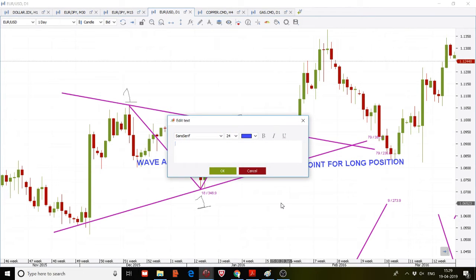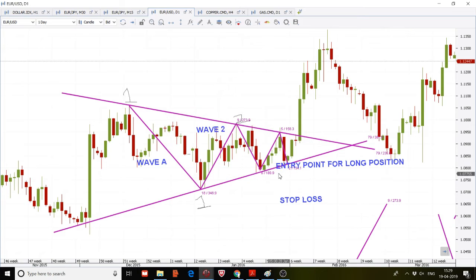You can use your own logic, your own system to adjust with this kind of pattern as well. You can even use the ATR to get the idea of the range of that instrument, and accordingly you can adjust the stop loss. Now this is the contracting triangle, and the expanding triangle will be exactly opposite to this.